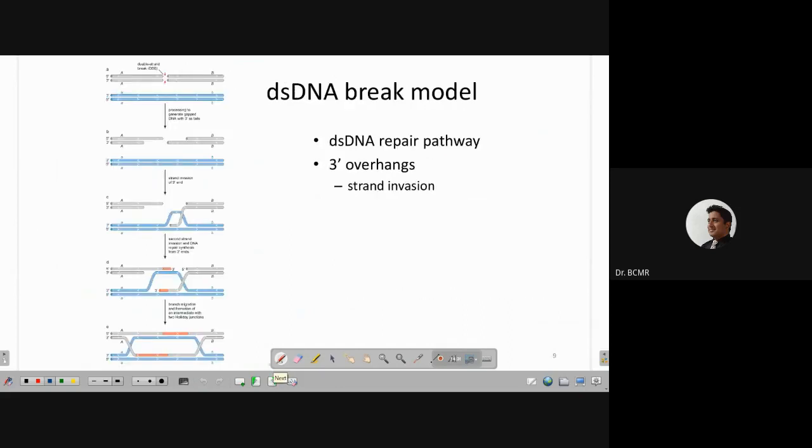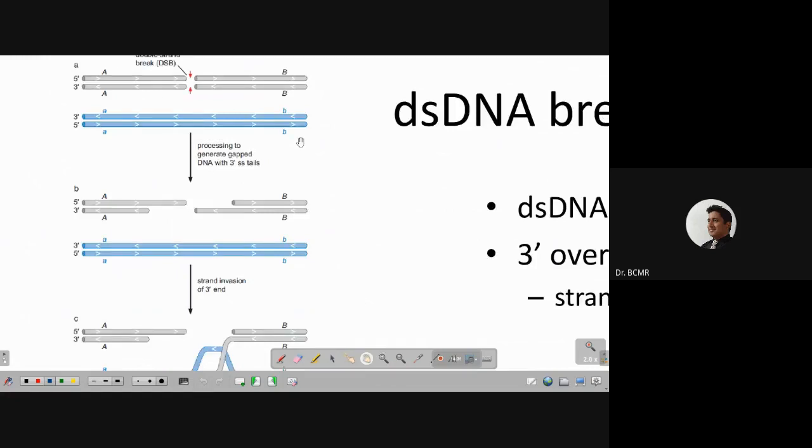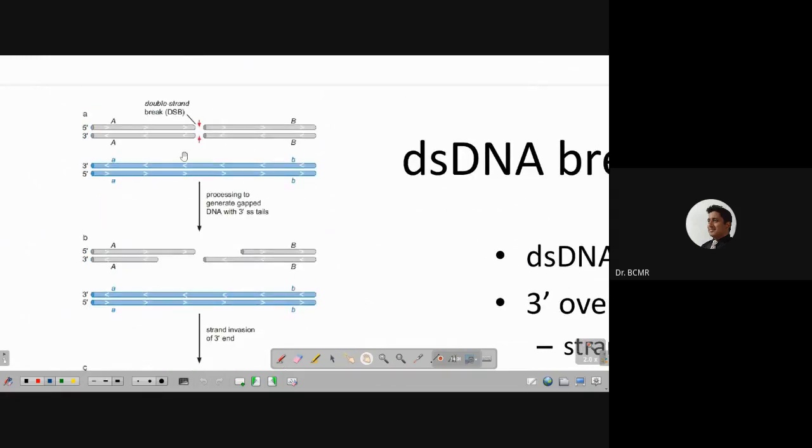The double strand DNA break model is almost the same except for how the double strand breaks happen, and how strand invasion and DNA polymerization happen. Let's see that quickly here. In this case, you see a double strand break, and its processing is thought to generate 3' single strand tails or overhangs like this.